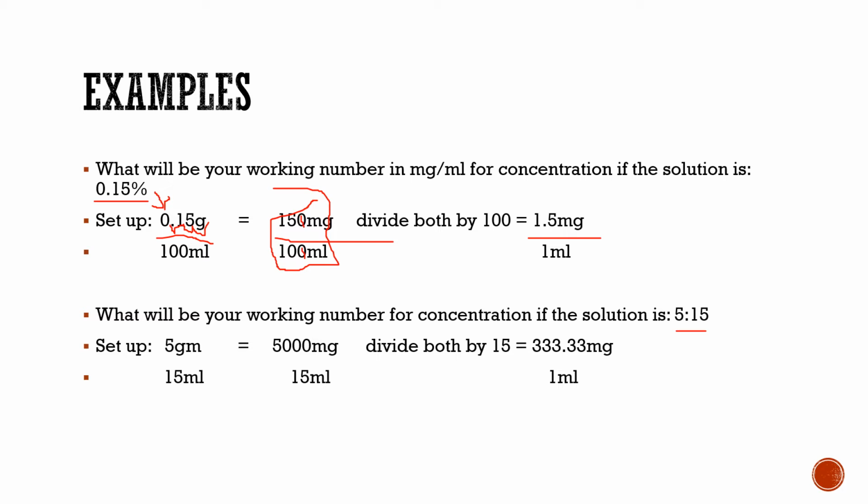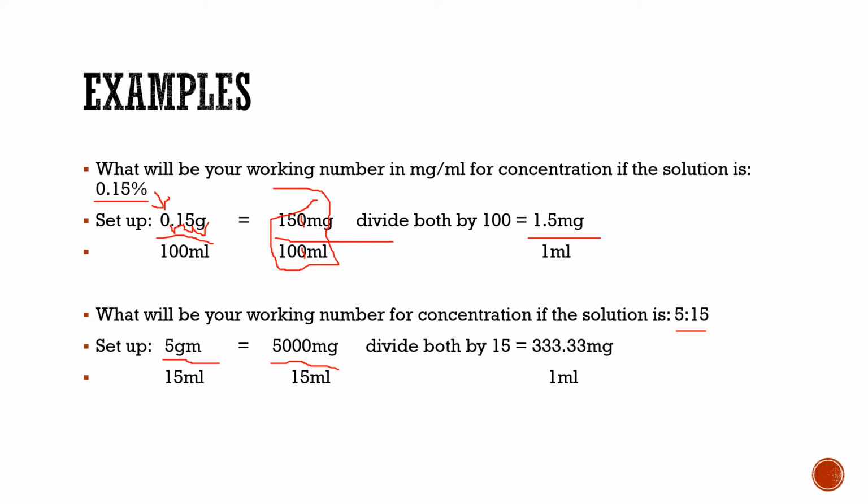So 5 to 15 is really the same as 5 grams to 15 mils. Again, we want to change grams to milligrams, so we multiply the 5 by 1,000 or move 3 place values over to the right. So our 5 grams has turned into 5,000 milligrams.